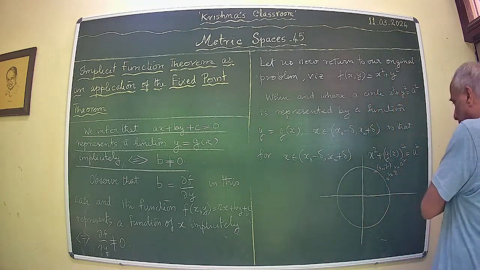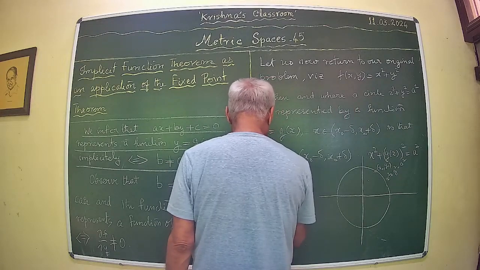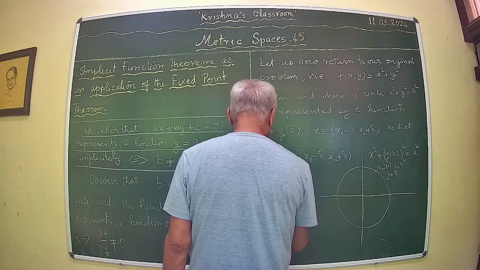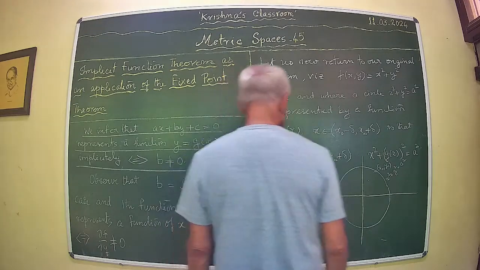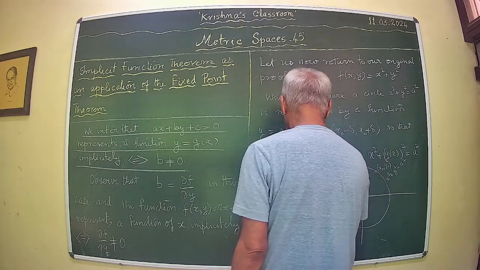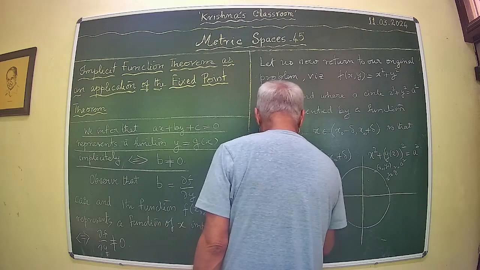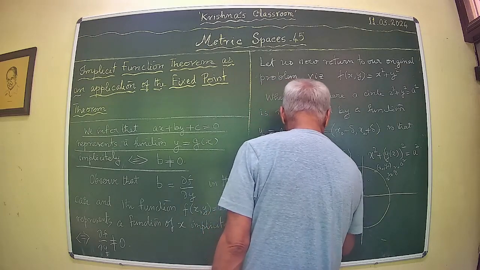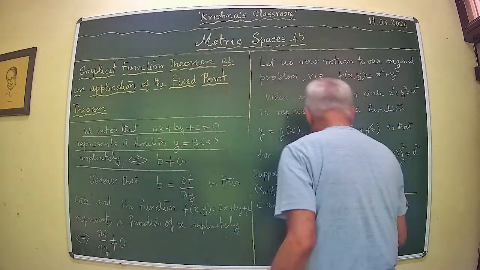Suppose x naught y naught is such that x naught is not equal to plus or minus 2. That means we are excluding these two terms.